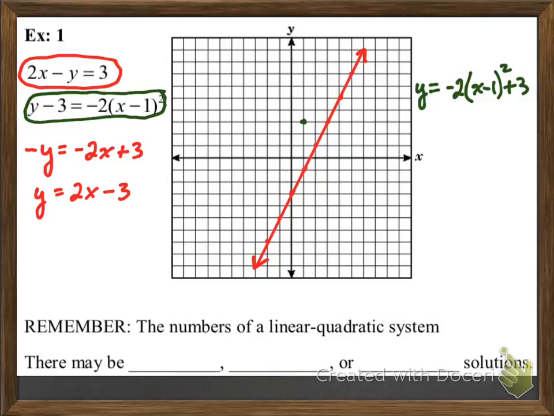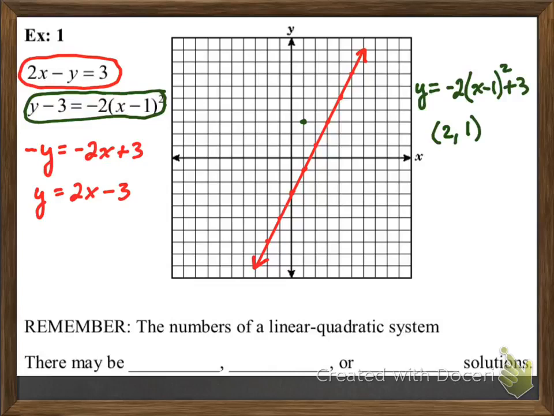So when x is 2, you get 2 minus 1, which is 1. Squared is still 1. And 1 times negative 2 is negative 2. And negative 2 plus 3 is 1.